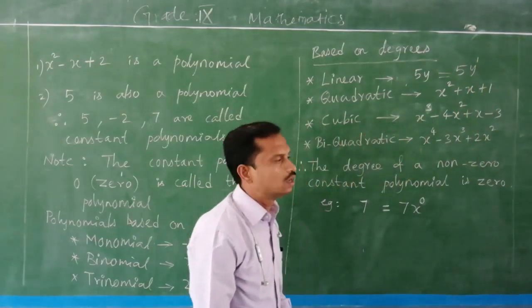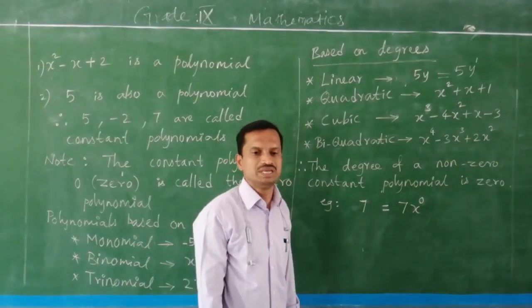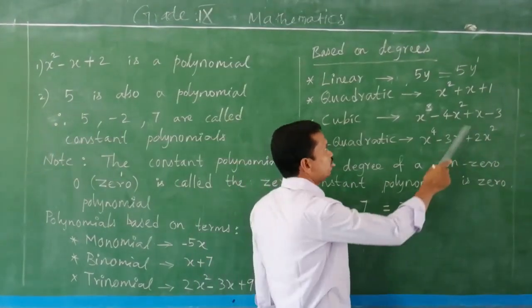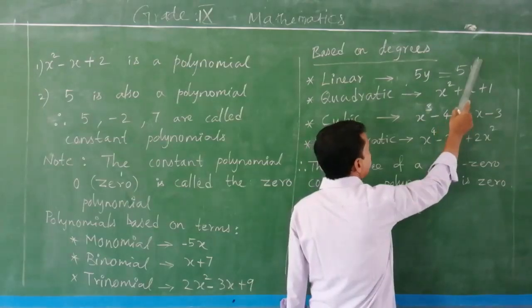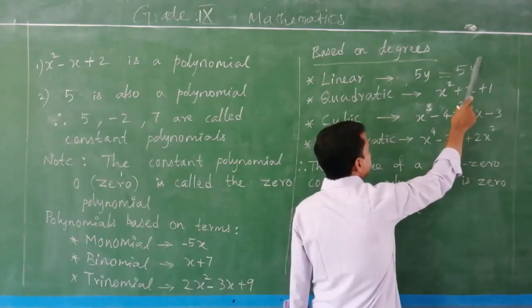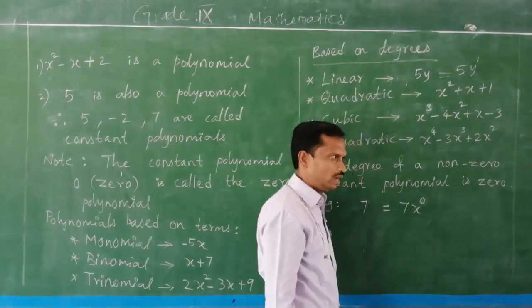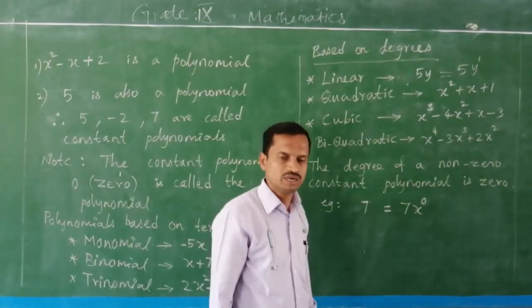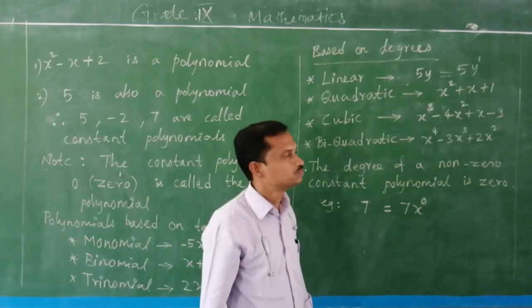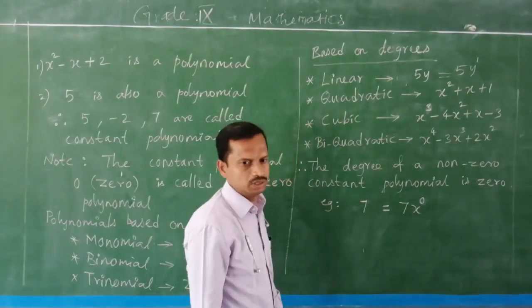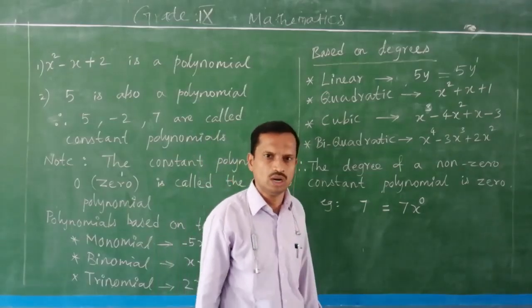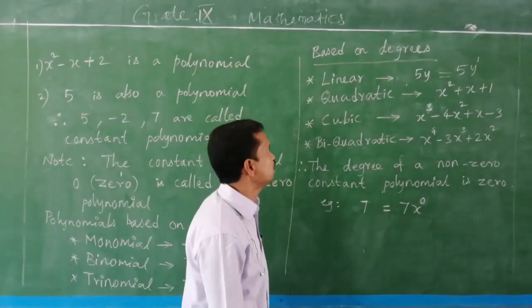The degree is the highest power of the variable. So 5y we can write as 5 into y power 1. So the exponent here is 1. The variable is y and whose exponent is 1. That is the highest power. So here let me take it as a linear polynomial. If the degree of a polynomial is 1, then it is a linear polynomial.